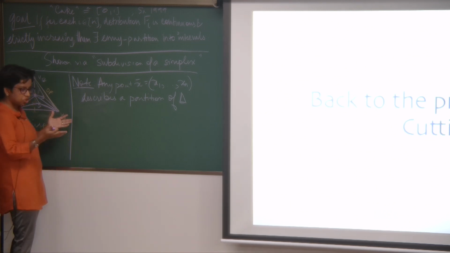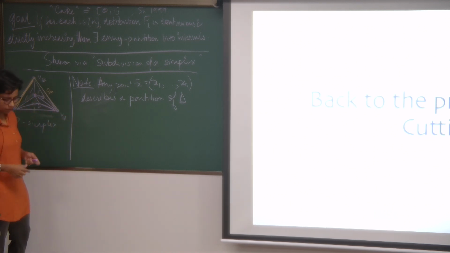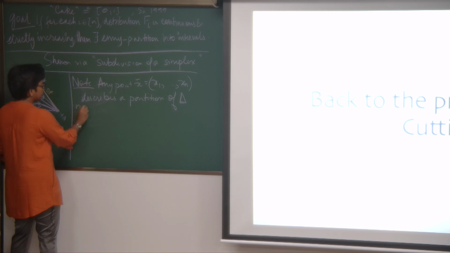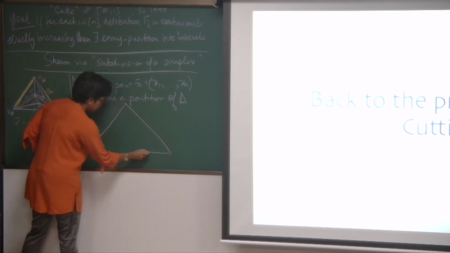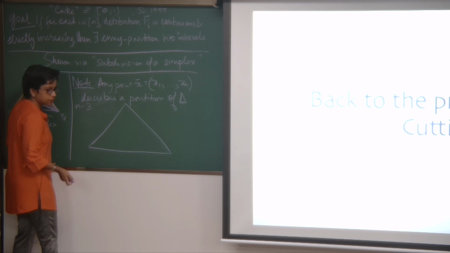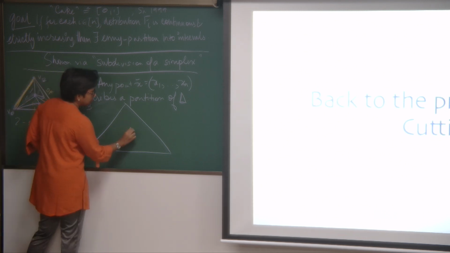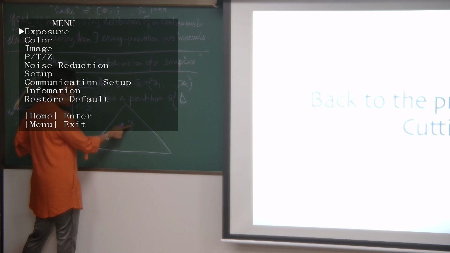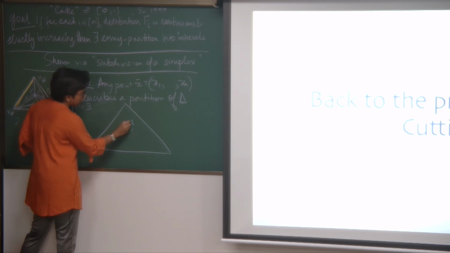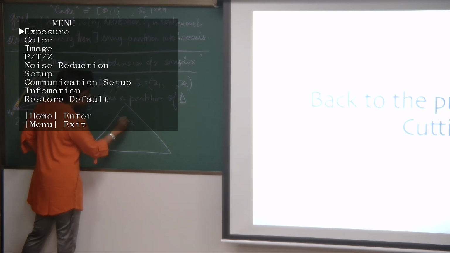Let us again talk about smaller dimensions. Let us talk n equal to 3. Let us take an equilateral triangle. A point here has some x1, x2, x3 coordinates. From here, I drop a perpendicular to all 3 sides.